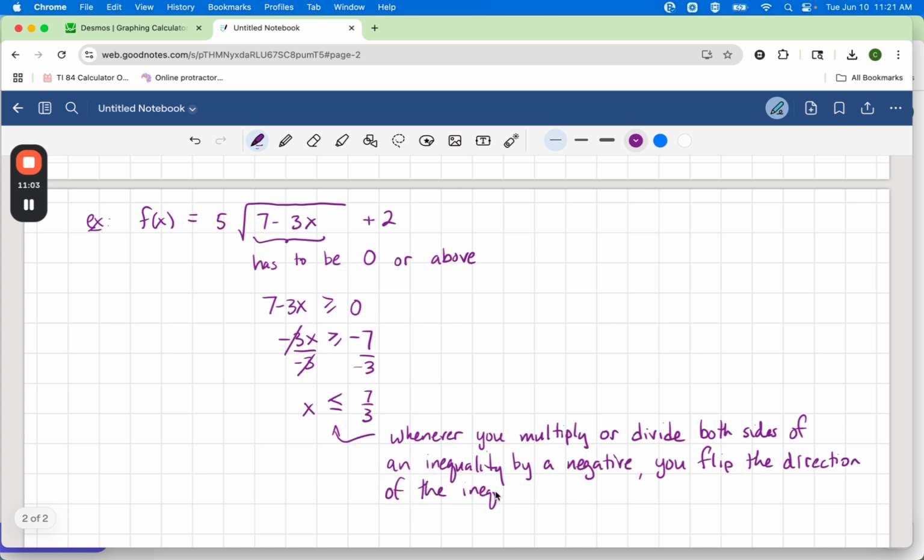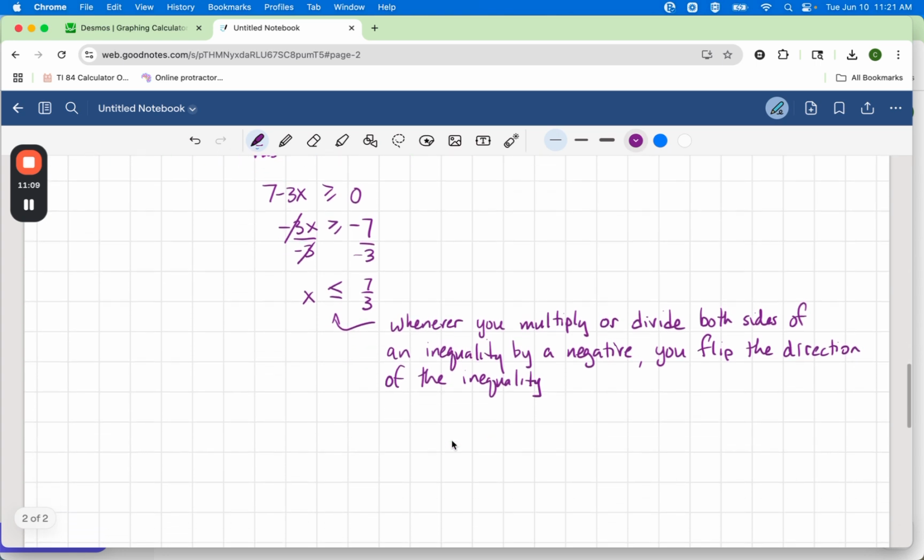Alrighty. So x is less than or equal to 7/3 is our answer. This time my Open Math wants you to put it in interval notation. So if I put it on the number line first, here's 7/3. I want less than or equal, so I got a closed circle and I want all that stuff to the left.